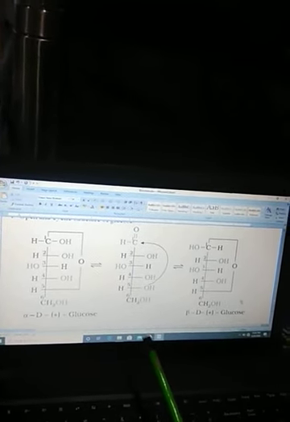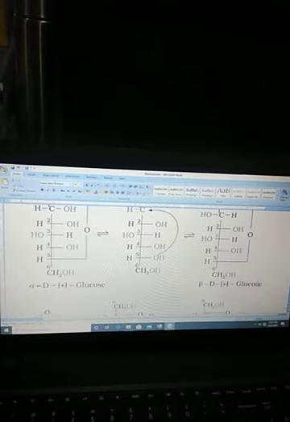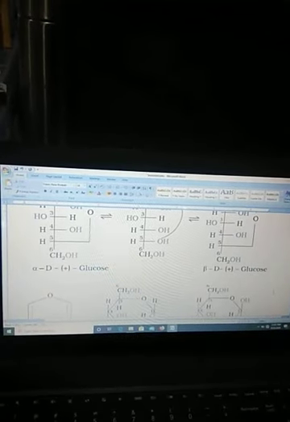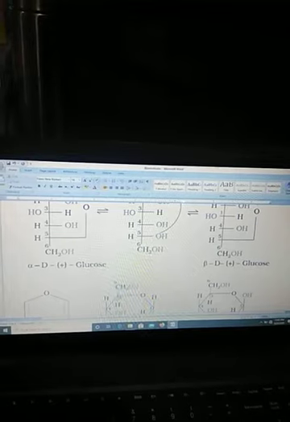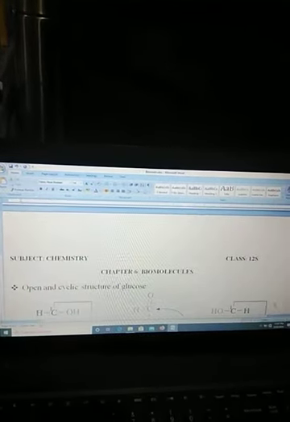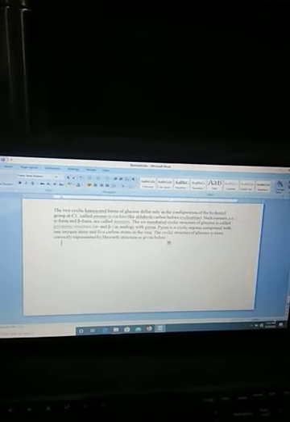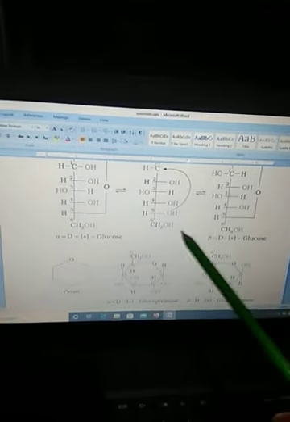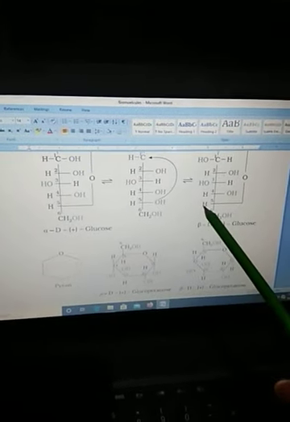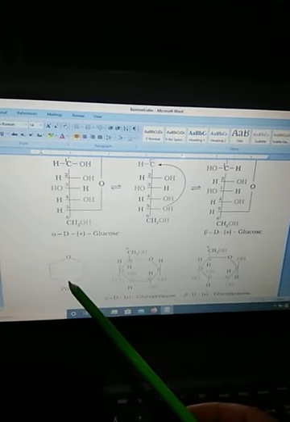Now after this, we are going to draw the cyclic structure. The cyclic structure of glucose is similar to this pyran structure.